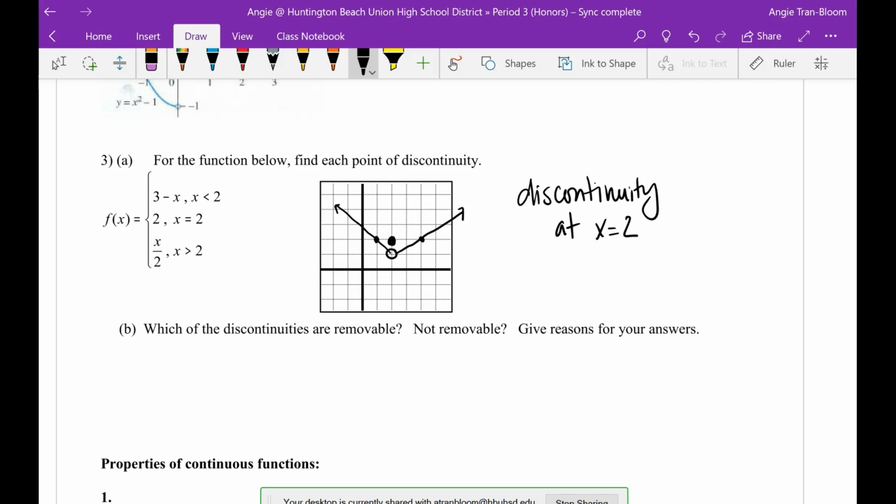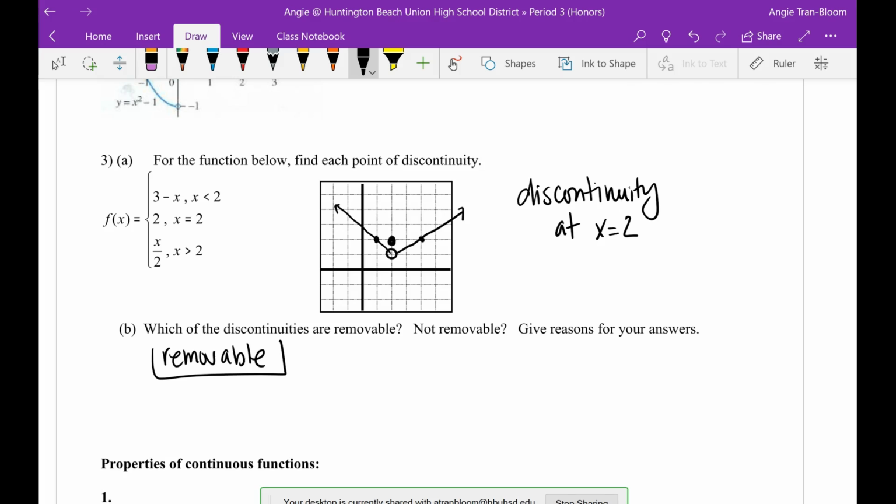Now B says, since we only have one point of discontinuity, what type of discontinuity is this? Is this removable or non-removable? Removable. Removable. And why did you say it was removable? It's a hole, it's removable, right?